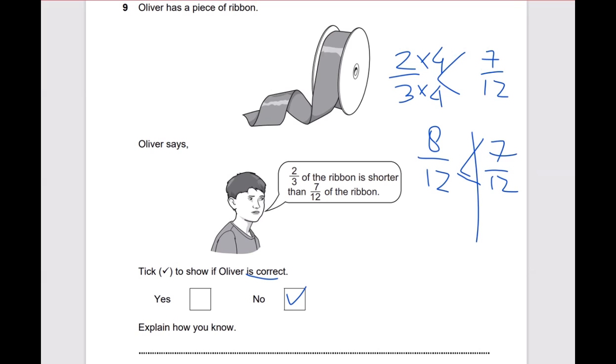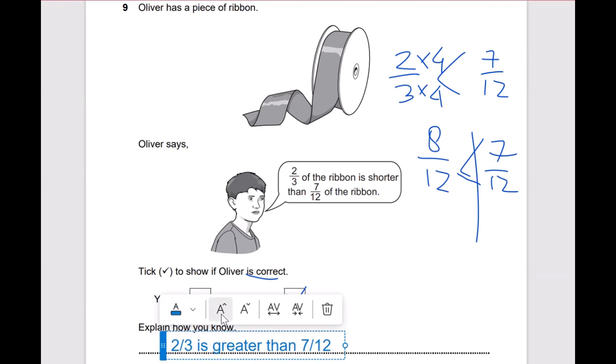So we write 2/3 is greater than 7/12. And 2/3 is equal to 8/12, which is greater than 7/12.